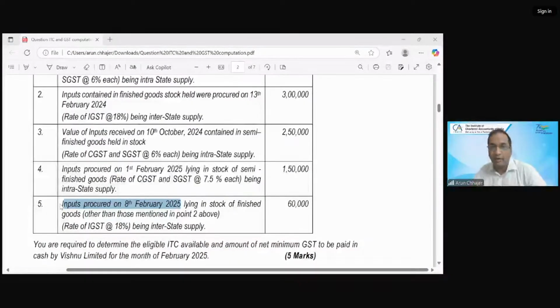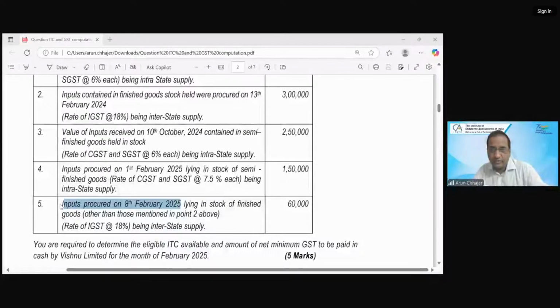Will the ITC be available or not in this case? इस टाइम CGST है, SGST है कि IGST है? What is the ITC? Will it be CGST? Will it be SGST? Or will it be IGST? IGST. Absolutely correct. कितना अमाउंट है? What is the amount?